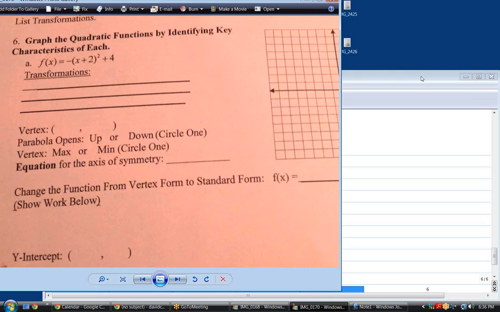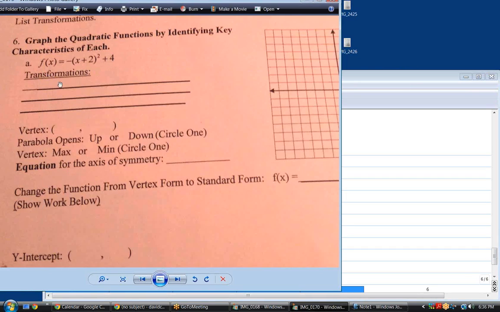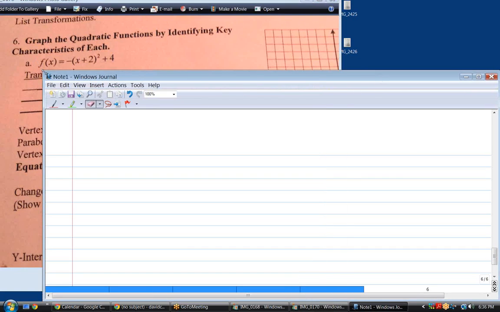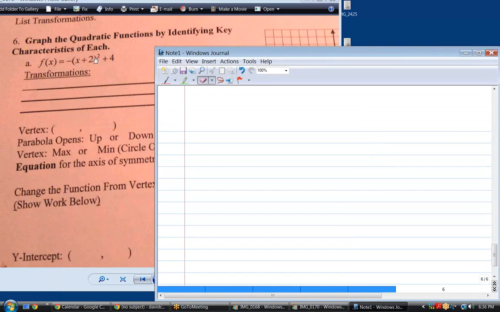Okay, number 6, they want us to list the transformations and graph it. What are the transformations? It's reflected. Okay, so we got reflection over what? You have to say what, because it can be reflected over the y or the x-axis. It's over the x.